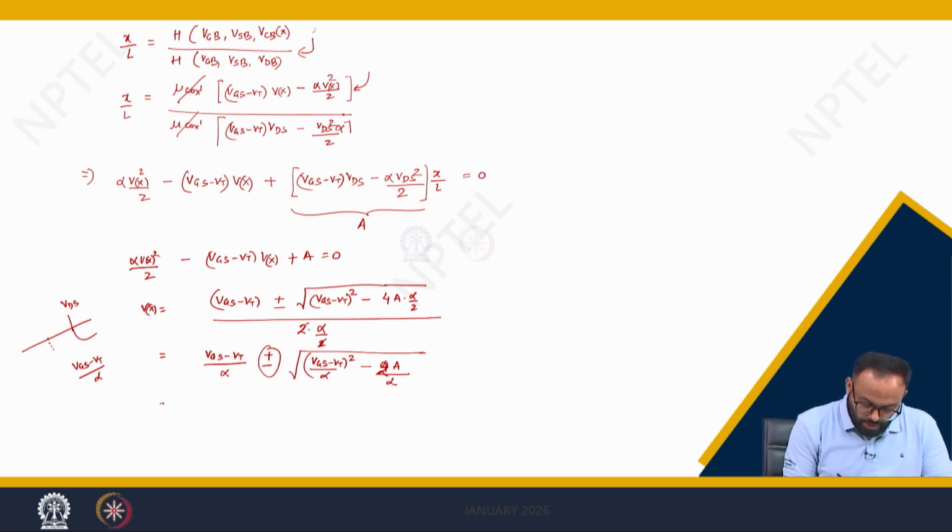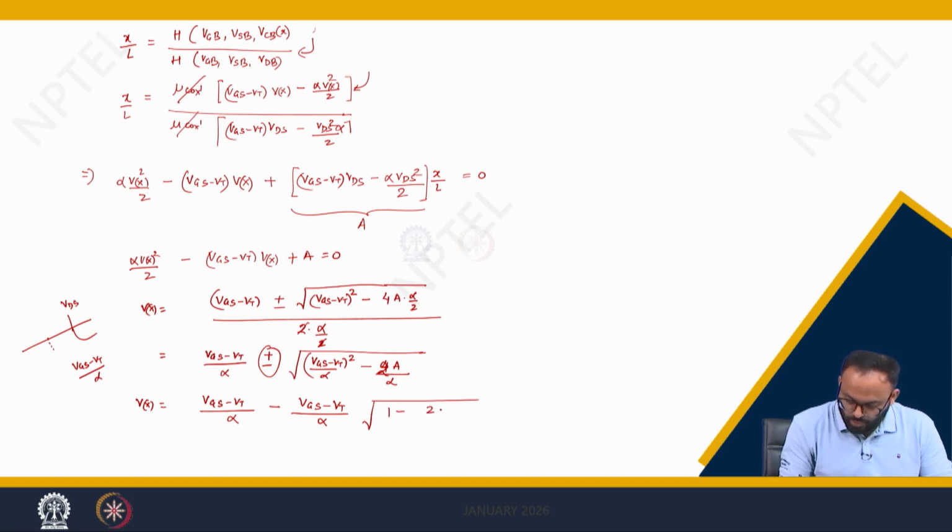So I need to choose negative sign, which you are calculating: Vx is equal to VGS minus VT by alpha, negative, take VGS minus VT by alpha common, you are left with 1 minus the square root of 2 into a into alpha by VGS minus VT whole square.